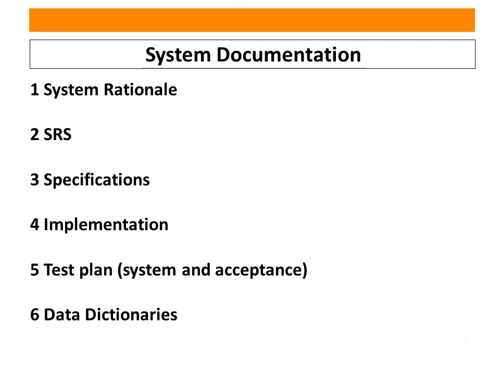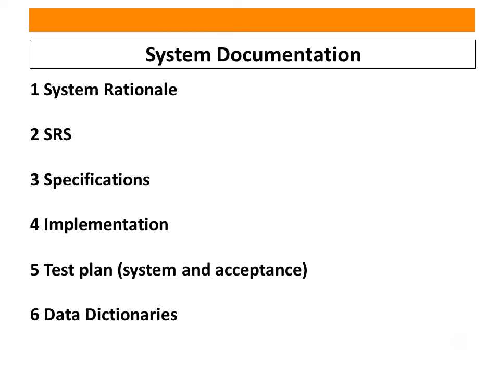So system rationale, SRS, is nothing but the software requirement specification document, or we can say a software manual, and whatever the specifications consist of in this SRS would be covered. Implementation is your system implementation, which we discussed in our previous lectures. And the test plan, also discussed in a previous lecture.